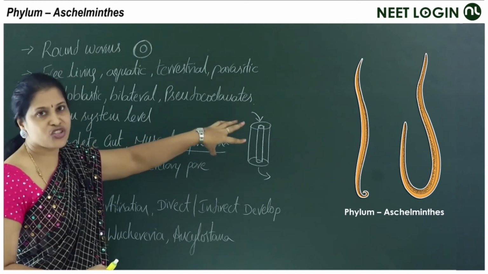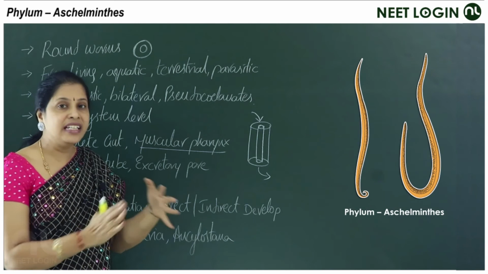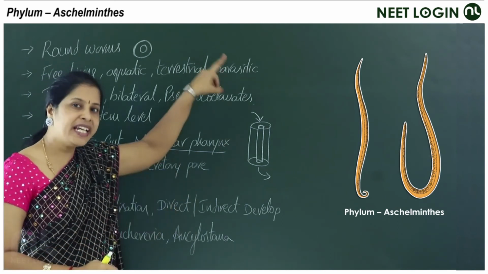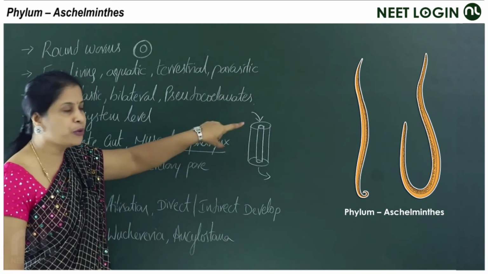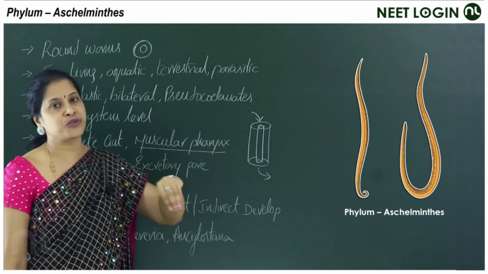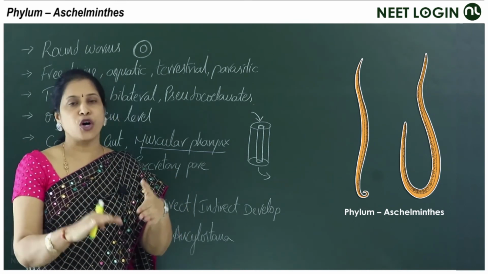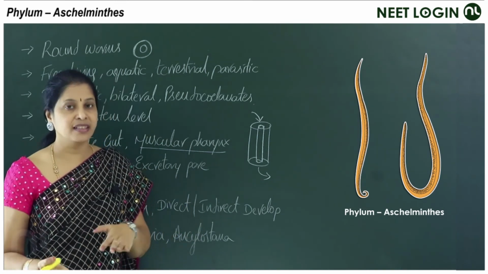You can see in the pictures over there, the male and the female show clear demarcation. Male is short with a curved posterior end, whereas the female is long with a straight posterior end. They are sexually dimorphic, two forms, male and female.